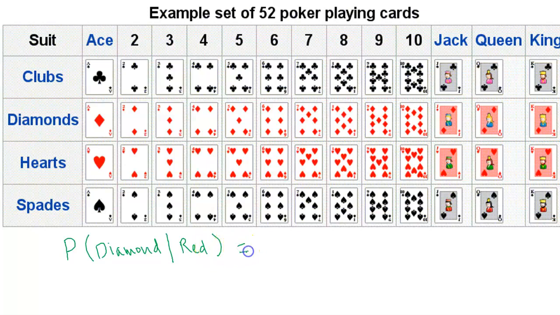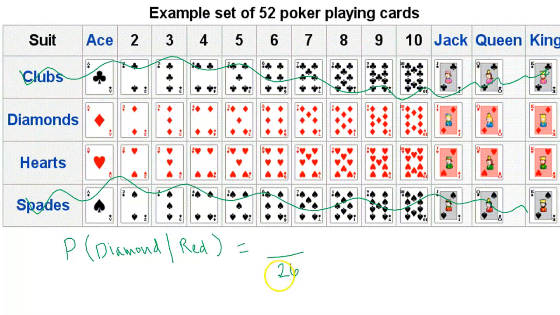If I already know that the card is red, that takes out of the running all of the black ones. Those cards are no longer in my sample space because I already know that the card is red. Because half of the cards are red, and there are 52 in a deck, there are going to be 26 possibilities now.